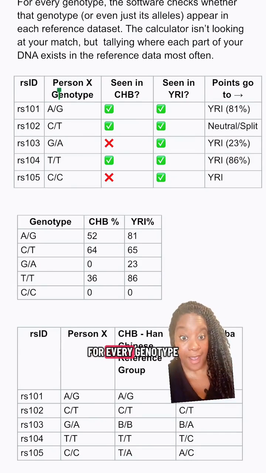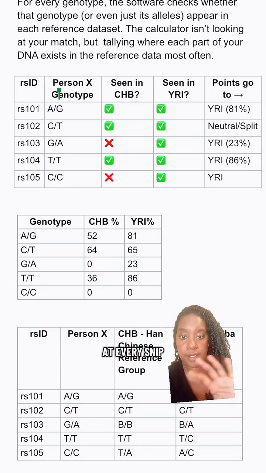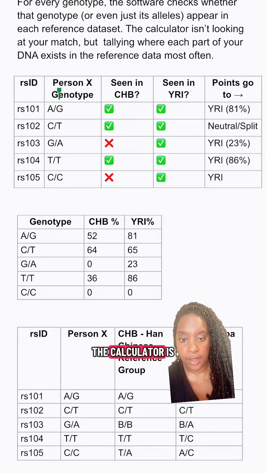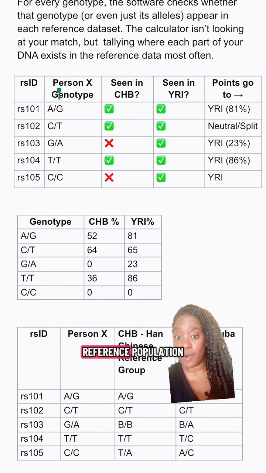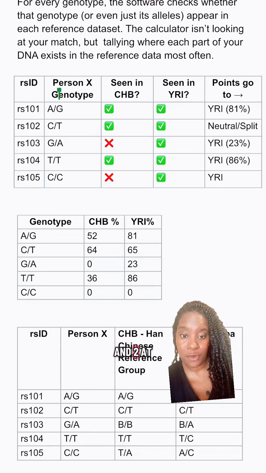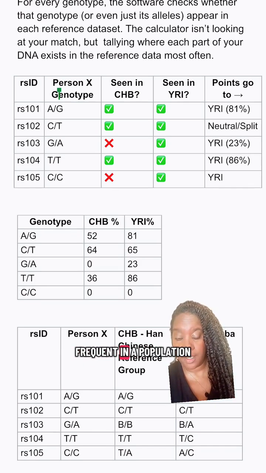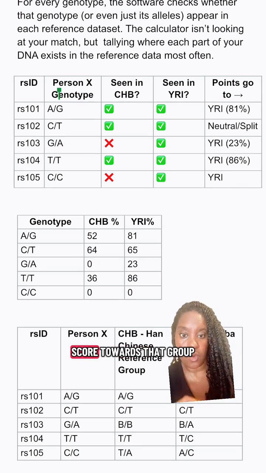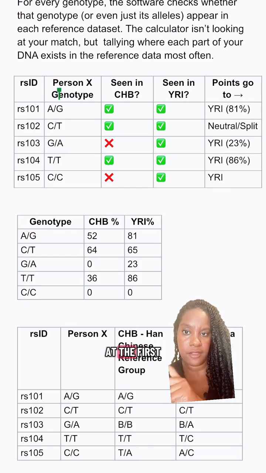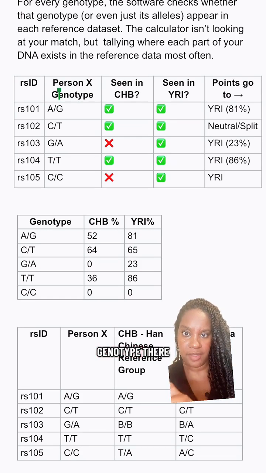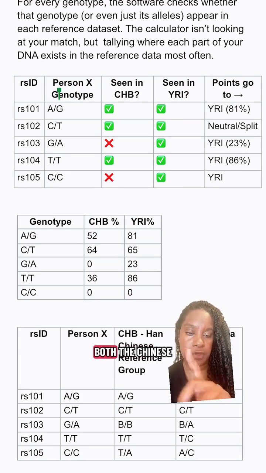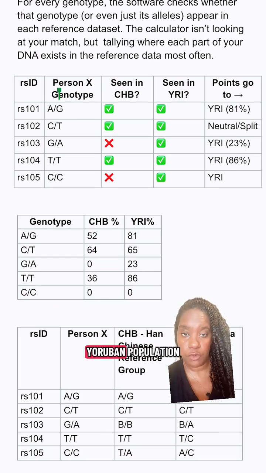Okay, so then for every genotype at every SNP position, the algorithm, the calculator, is checking to see, one, is it present in the reference population, and two, at what frequency? When something is more frequent in a population, it weights the score towards that group. For example, if you're looking at the first SNP position, the 101, and you're looking at the genotype there, it's present in both the Chinese population and the Yoruban population.